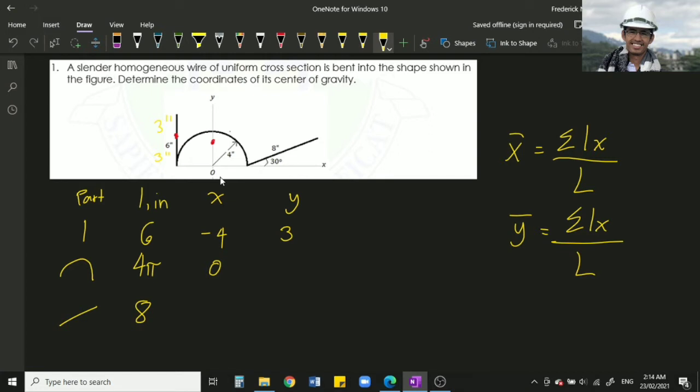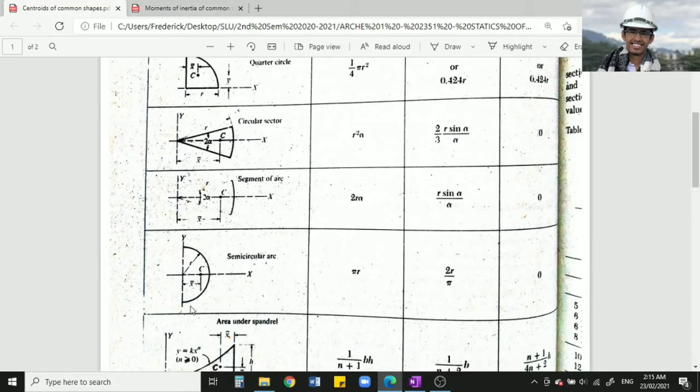Okay? Clear? And for the y naman, so ito, yung distance nito. So this will be, so ano yung sabi niya doon sa ating table? So that will be, ito yung dito kasi bar x yung nandito kasi yung orientation niya. So that will be 2r over pi. Okay?